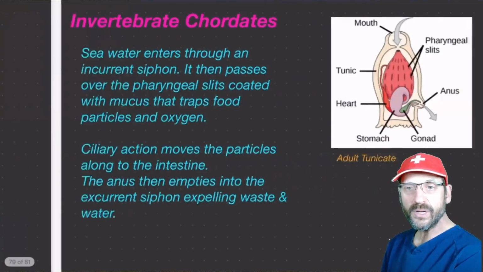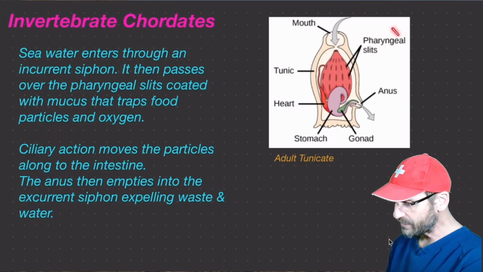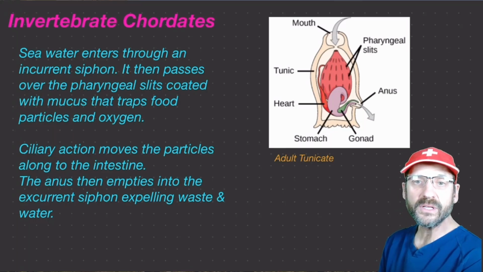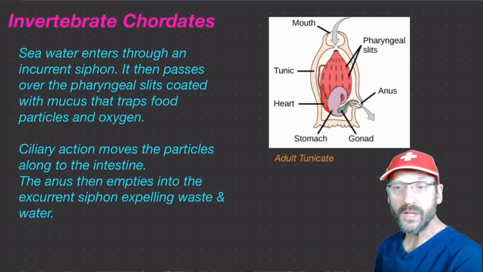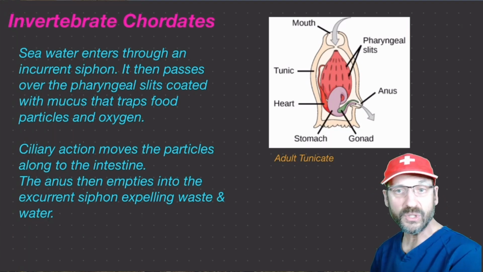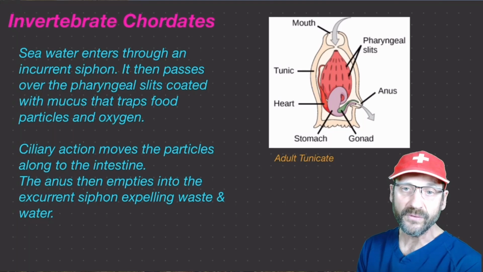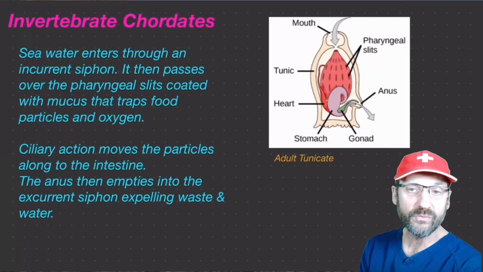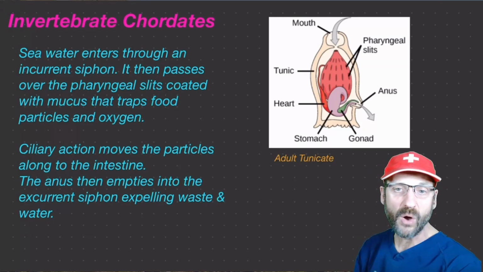But when we look at them turning into an adult after metamorphosis, that looks very, very different. They're sessile now, they can't move anymore. Seawater enters through an incurrent siphon, and then it passes over the pharyngeal slits, which are coated with mucus, and that traps food particles and oxygen.